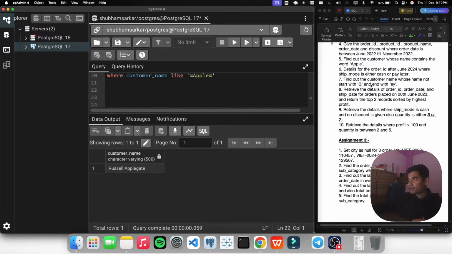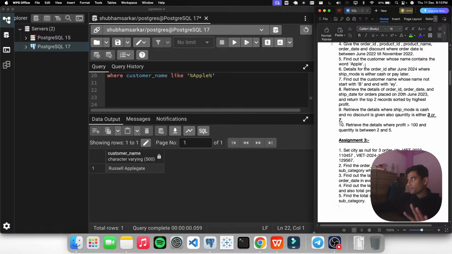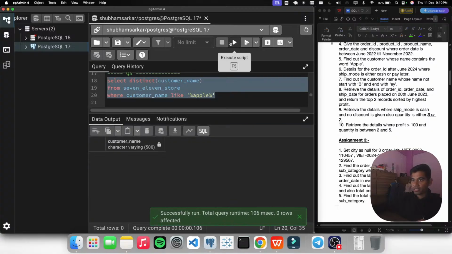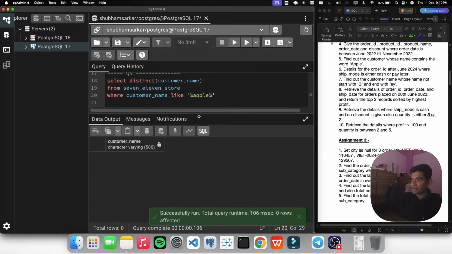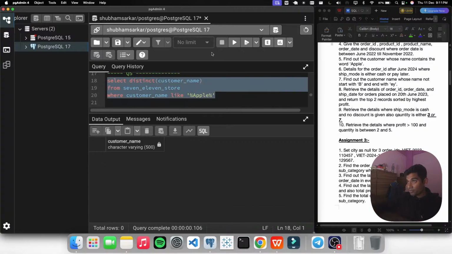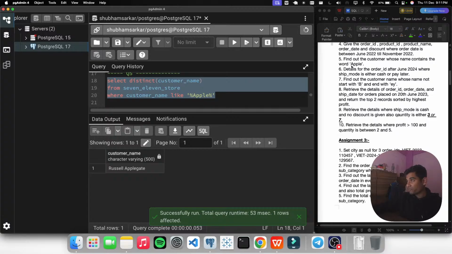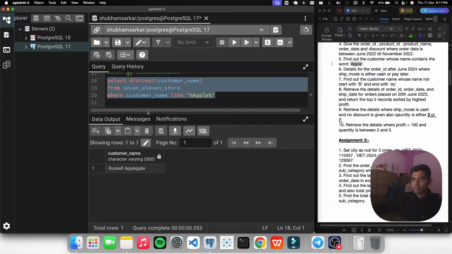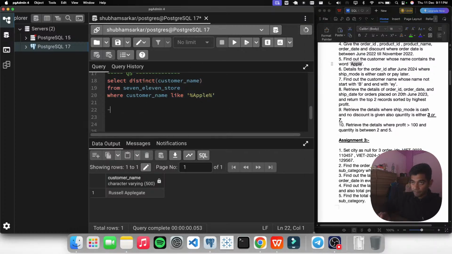So it is written like that, capital A double P L E. So capital A is there, that's why I've written capital A. If the same thing I've written in lower case, then there won't be any answer here. But when you write this in upper case, I mean in the same format that it is presented to us in the question, you will get an answer for that.